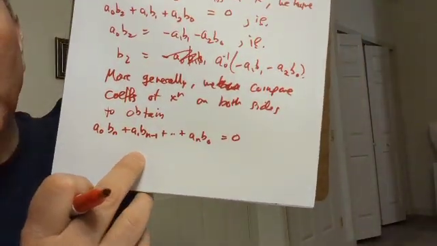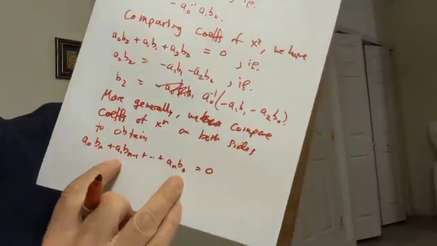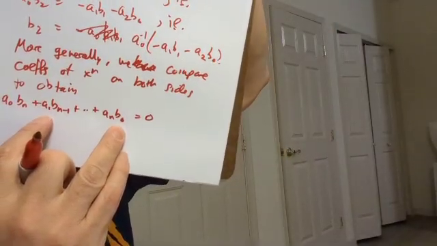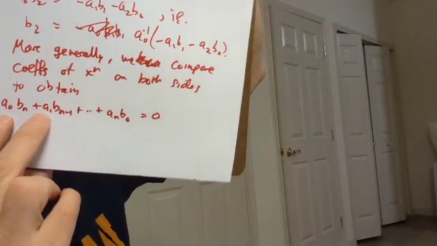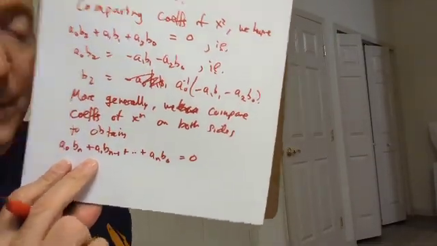At this point, we will have solved for b0, b1, b2, all the way up to b(n minus 1). So we can subtract all of this from both sides and put it on the right, and then we'll just have a0 bn on the left-hand side. So a0 bn equals negative a1 b(n minus 1) minus dot dot dot minus an b0.